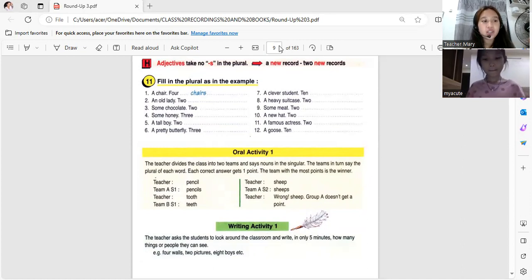You can write as many as you can, okay? Look around your house and write down how many things you can see. For example, your rooms. How many rooms do you see? And how about the chairs? Your cabinets.